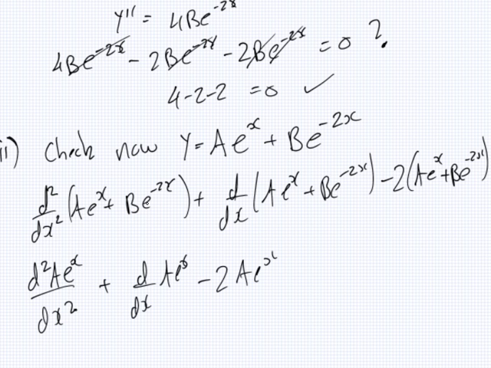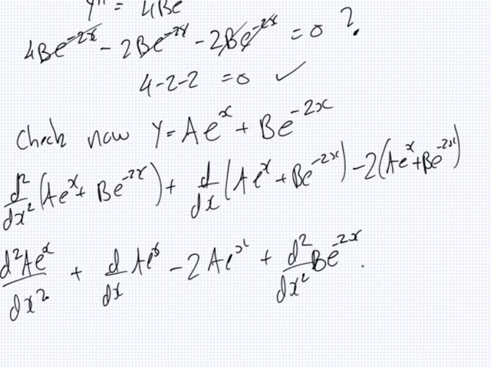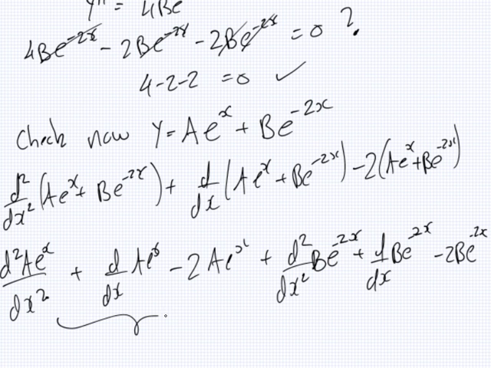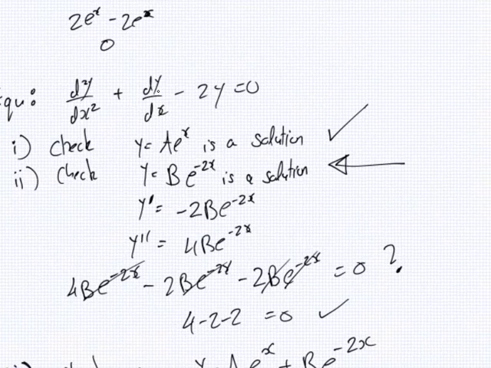And then now I can look at the second derivative of the b part, plus the derivative of the b part, minus twice the b part. And you realise these three together have to be 0, because in part 1 we said a e^x makes the three of them add up to 0.